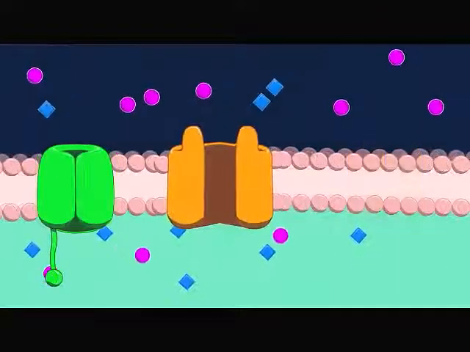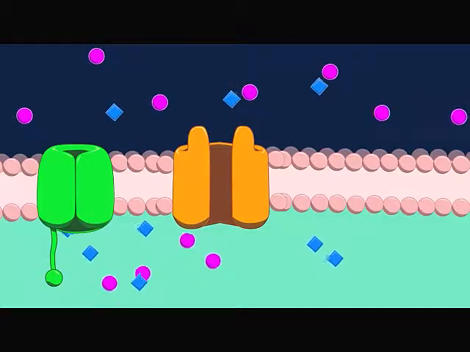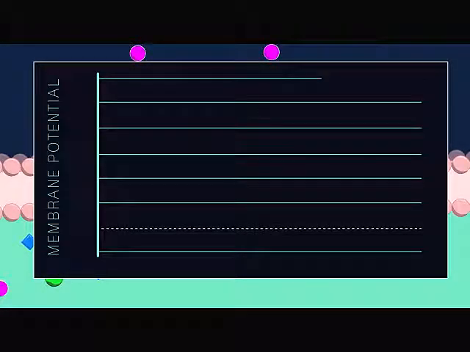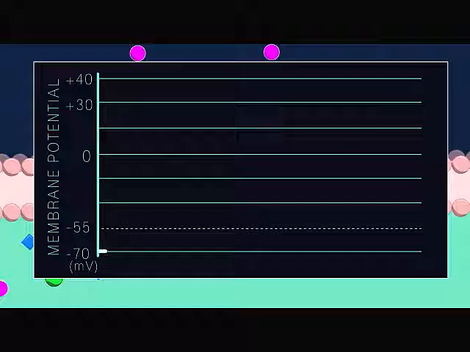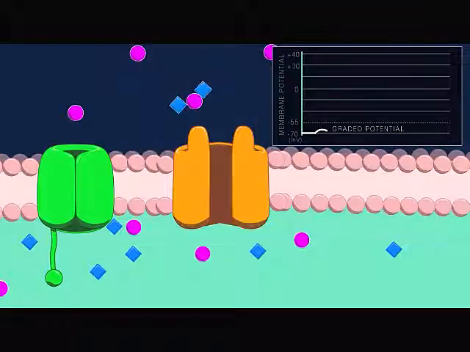In that video you have different channels being shown to you, for example the potassium channels and the sodium channels. Some of those channels open as a result of high voltage due to the stimulation of the membrane, like the potassium and the sodium channels.